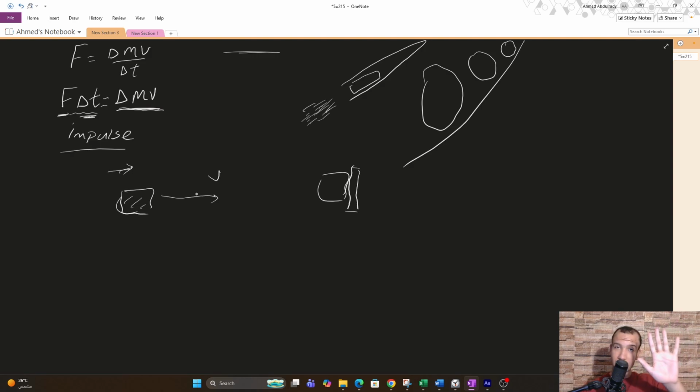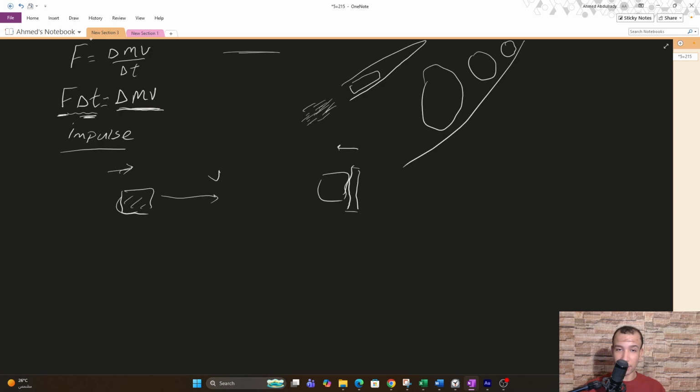Imagine something big thrown at you, and your hand gets back with it, absorbing the motion over a longer time. You don't have to exert a lot of force in this case, but if you want to stop it immediately, when it hits your hand and stops, it takes a lot of force. So F delta t equals delta mv, okay, the change in momentum.